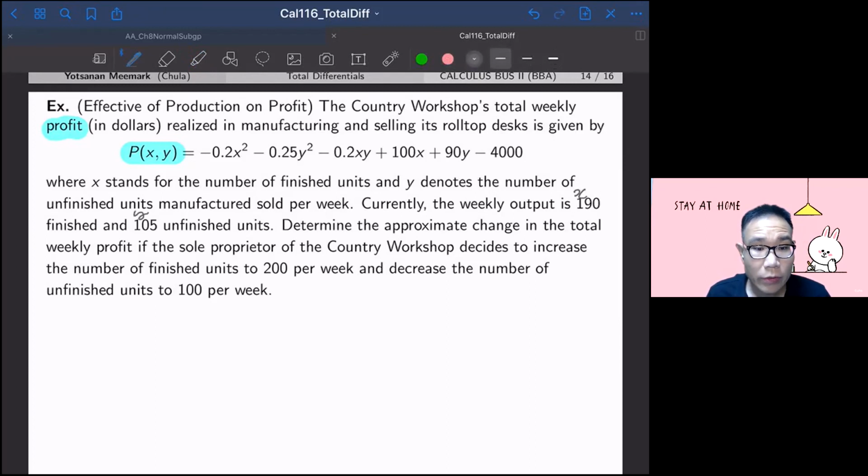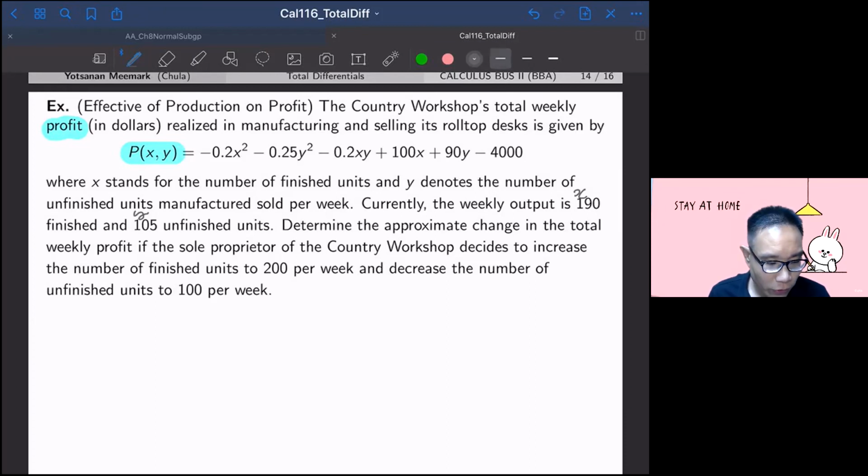Determine the approximate change in total weekly profit if the sole operator of the country workshop decides to increase the number of finished units to 200 per week and decrease the number of unfinished units to 100 per week.